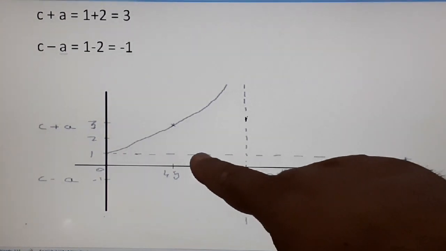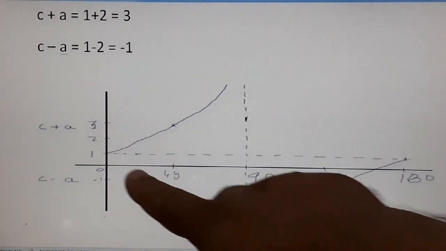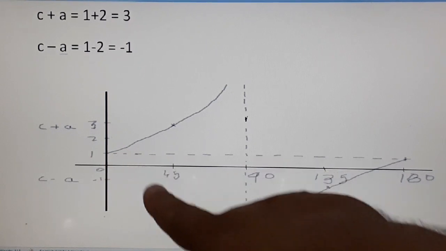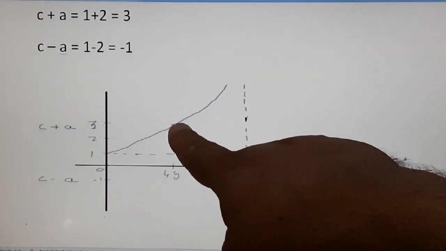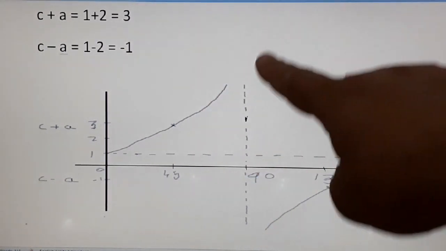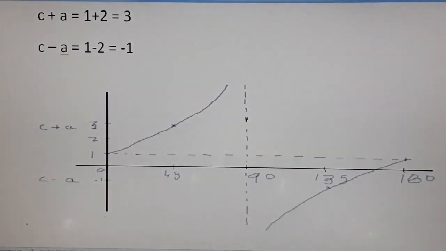Moreover, tan always starts from the axis, so I repeat that you have to start the curve of the tangent always from the axis of the curve. So in the first part it will start from 1, which is the axis, and from the midpoint it should pass through c plus a. You can see that as the curve approaches this vertical line, it will get closer and closer to it but will not touch it.